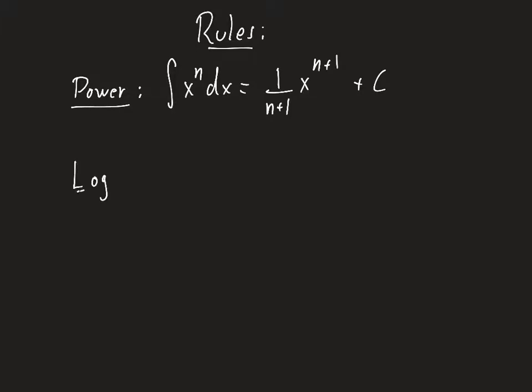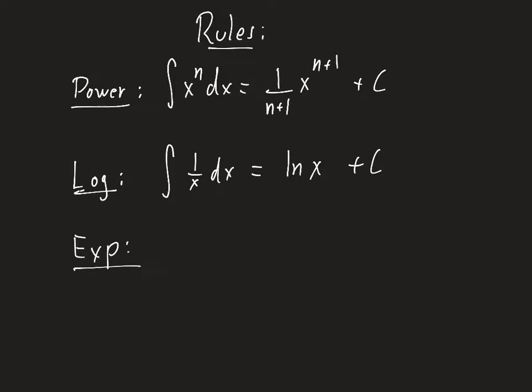We had the log rule, which told us that the integral of 1 over x dx is equal to the natural log of x plus c. And we had the exponential rule, which told us that the integral of e to the x dx is equal to e to the x plus c.